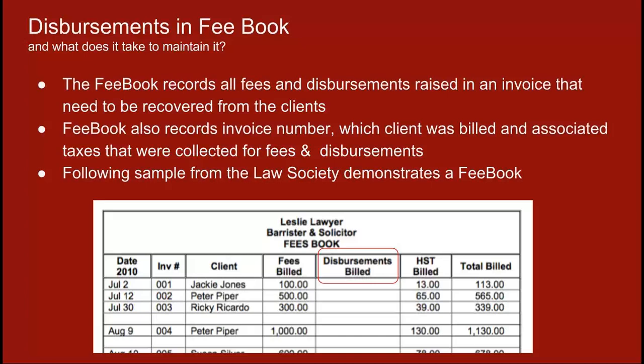So if those expenses and recovering of those expenses was part of that invoice, then you can be rest assured that that's available in your fee book. It's important to break it down by client, which client, and if a particular client has multiple matters, then you would see them repeat within this particular document.